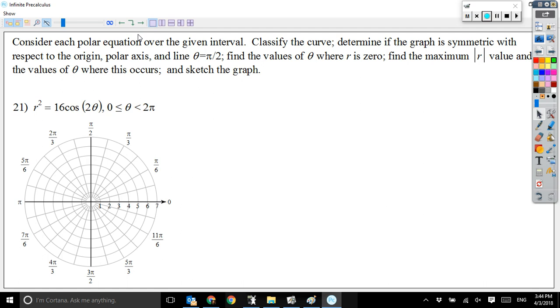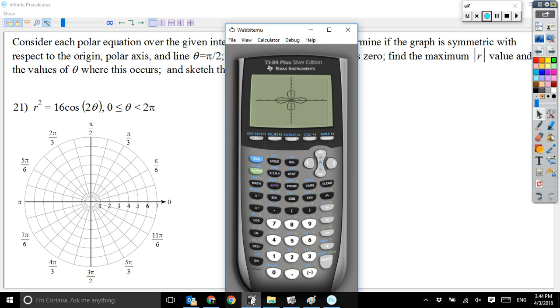21's a little different. Notice that it says R squared instead of just R, so be careful with this. Because it's R squared, I need to take the square root. So I'm going to say, all right, well, the square root of 16 cosine of 2 theta.